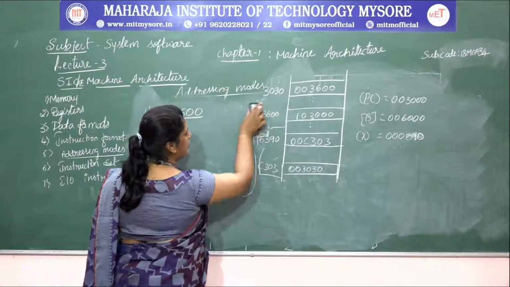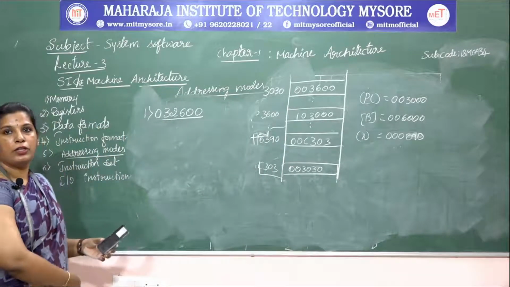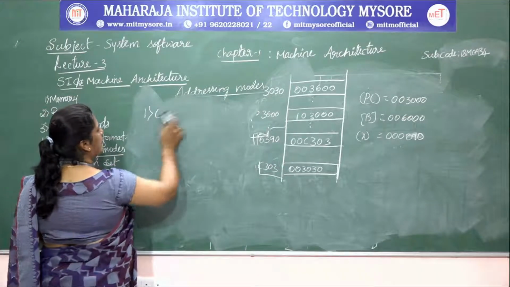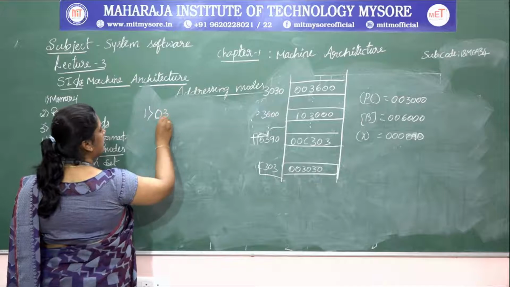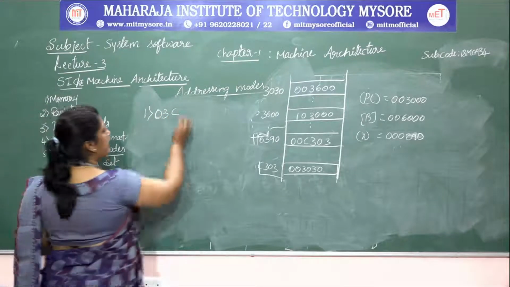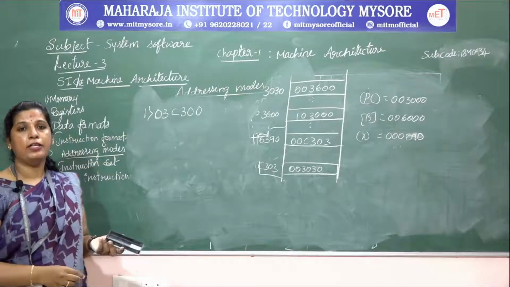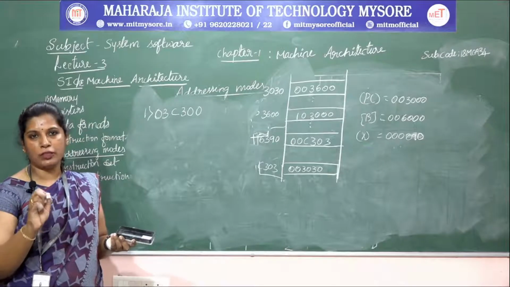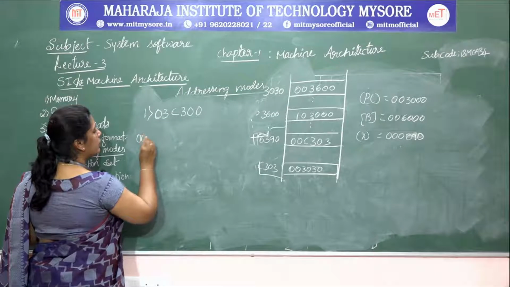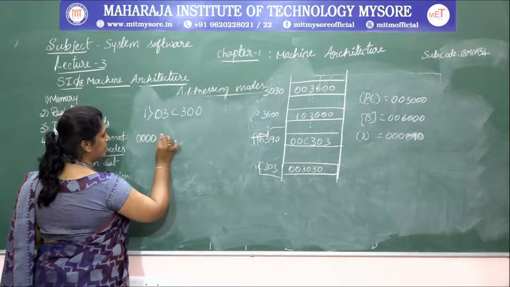Let us take another example, another object code instruction: 03C300. Whatever the instruction is, first you have to decode it. For decoding, we take 4 binary bits for each hexadecimal digit.